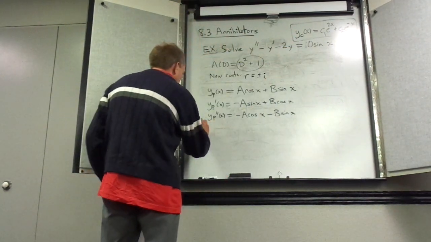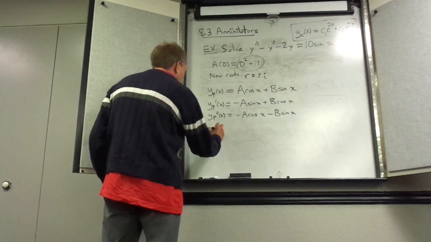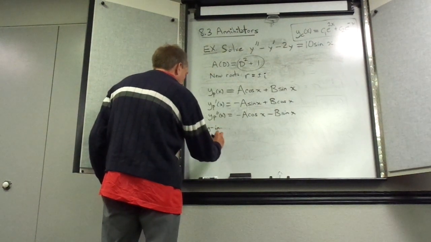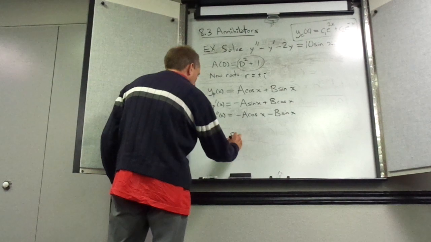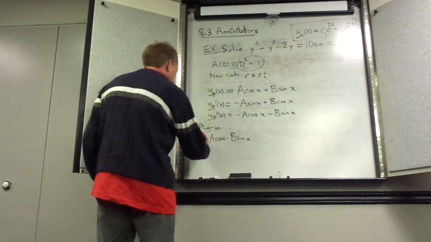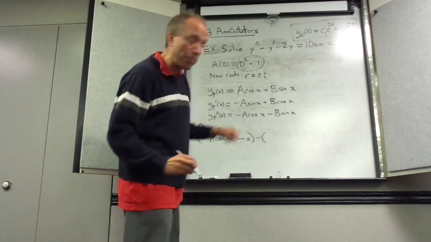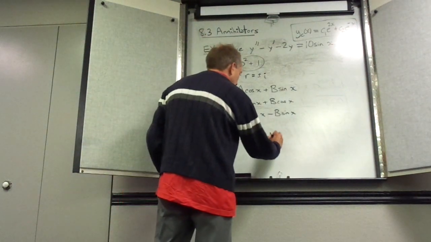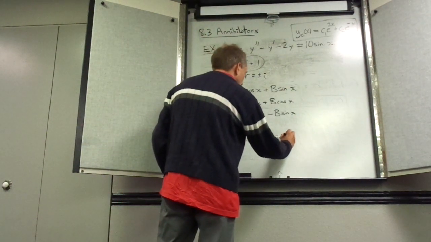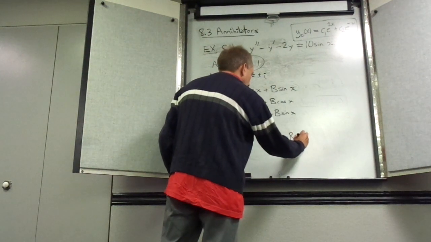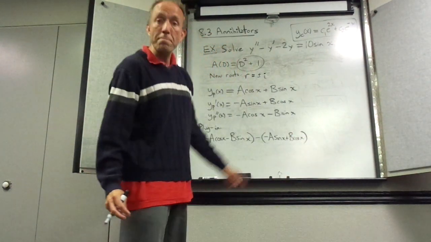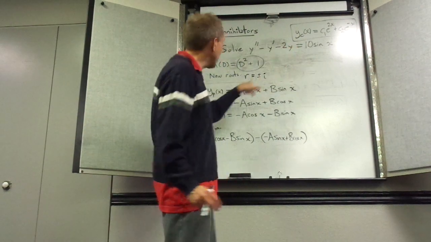So this is where I do the plugging in part. I'm going to get negative a cosine x minus b sine x, okay, minus the y prime term, negative a sine of x plus b cosine of x, and then minus 2 times the constant term.